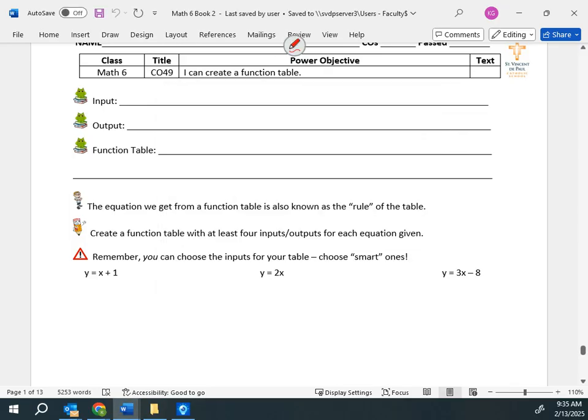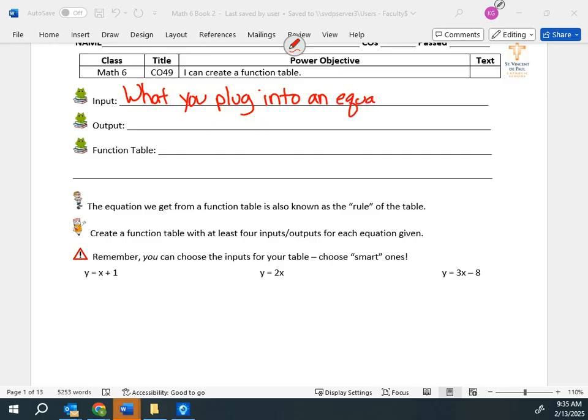An input is what you plug into an equation. It's what's being tested.